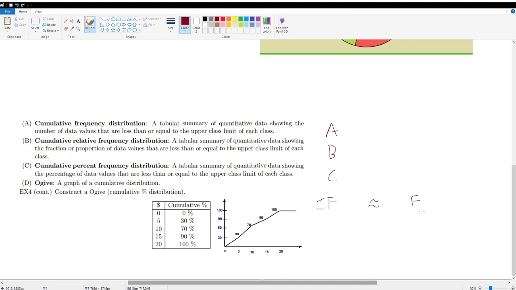If I asked you for the cumulative frequency up to the C grades, that's everything less than or equal to a C, which is the F's and the C's. If I said everything up to and including the B grades, that is going to be the F's, the C's, and the B's.